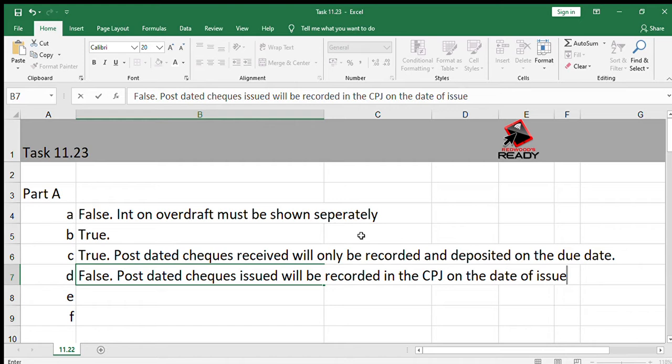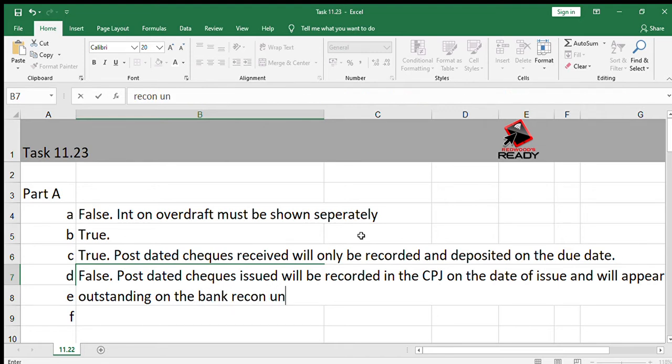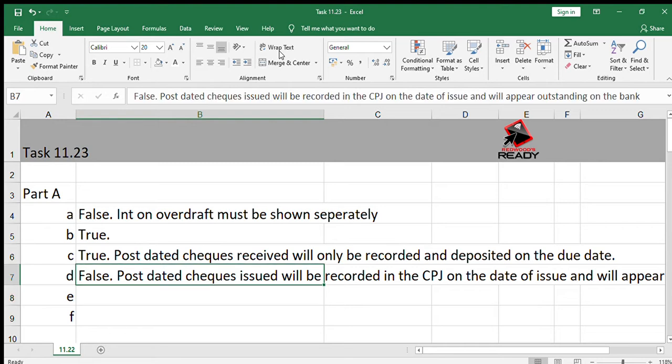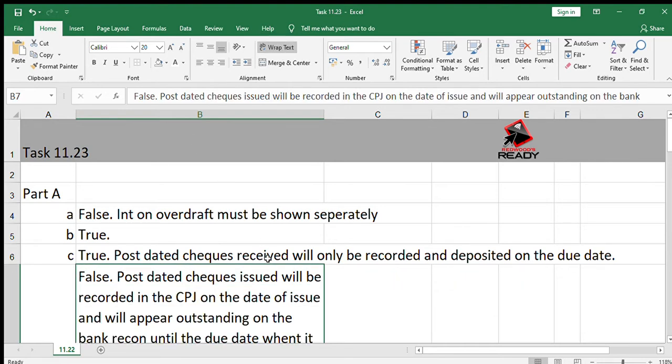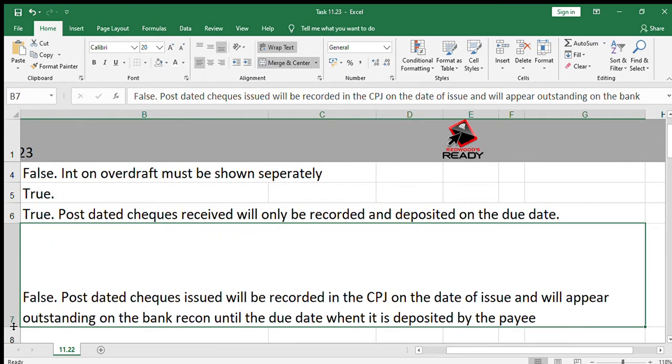Okay, and will appear outstanding on the bank reconciliation until the due date when it is deposited by the payee.